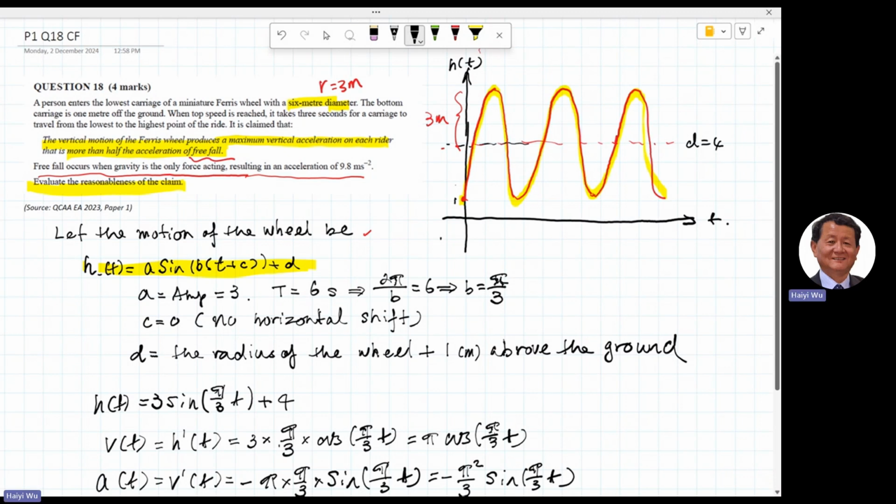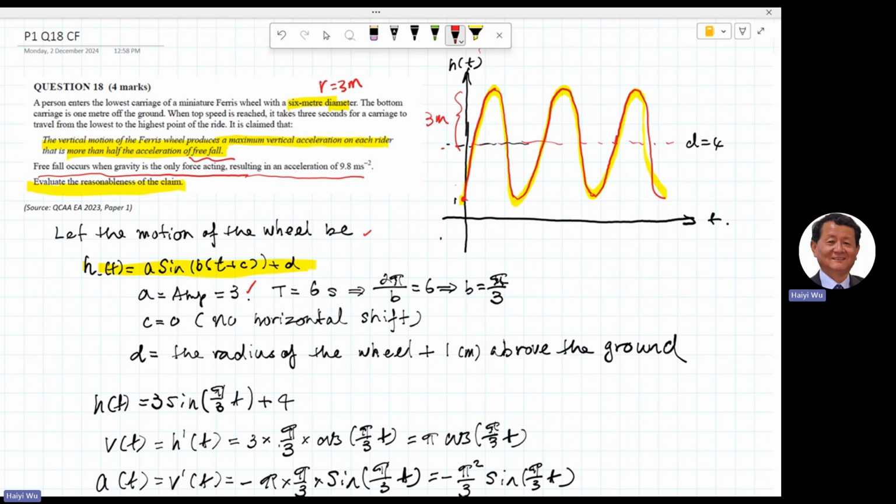So we have A, B, C, D to determine. It's pretty easy to decide what A is. A is the amplitude, which is 3 meters on the wheel. When you go to the top of the wheel, you'll be 3 meters above the halfway point. So A is 3.